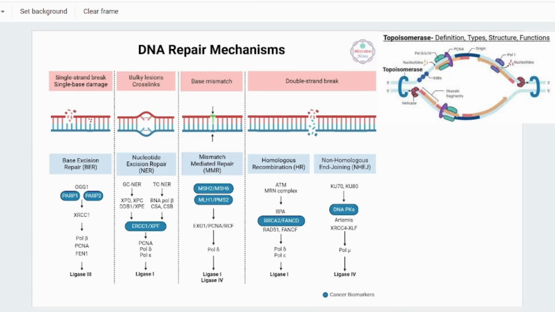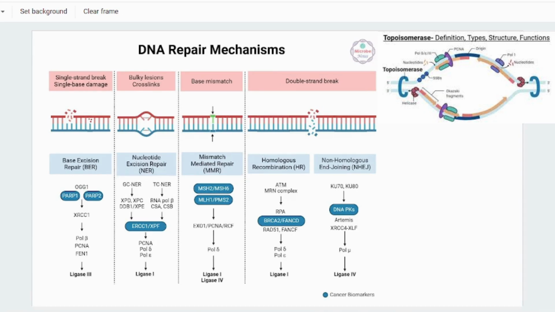Exogenous agents such as ultraviolet radiation, chemical mutagens, and ionizing radiation all pose significant risks to genomic stability. UV radiation causes the formation of cyclobutyl rings from the cross-linking of adjacent T bases. That causes a kink in the DNA double helix, affecting transcription and DNA replication.